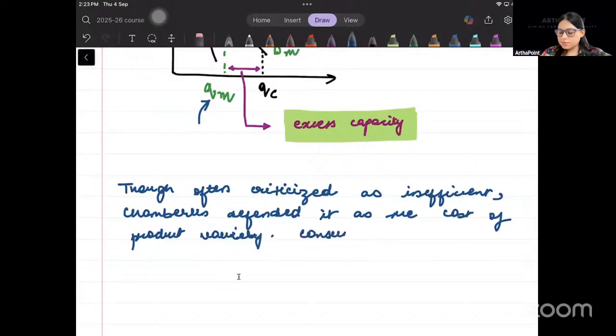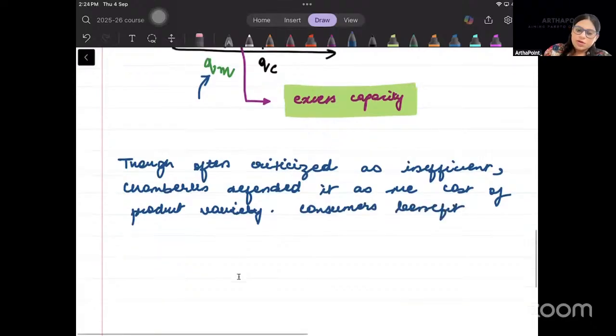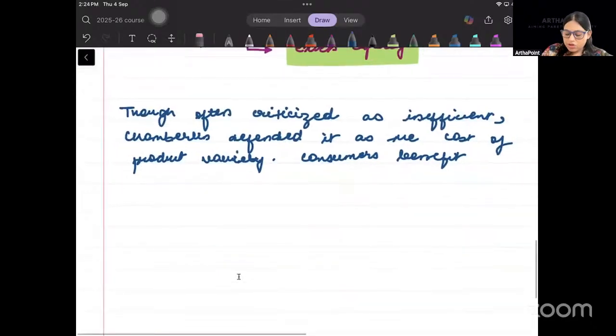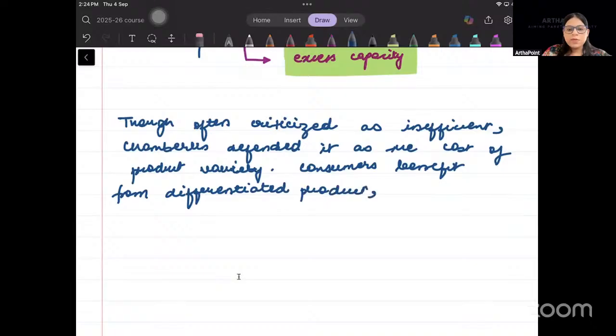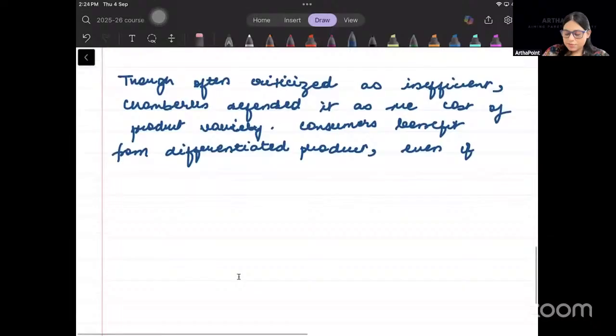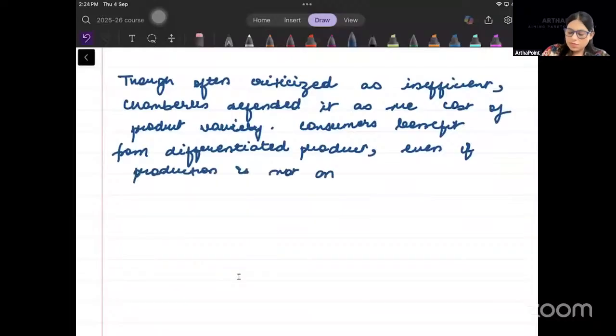Consumers benefit from differentiated product even if production is not at efficiency scale.